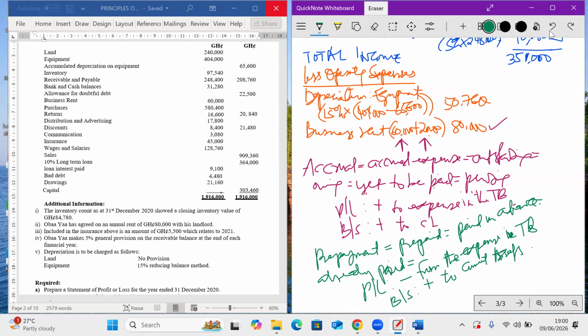Are we good? Yes, sir. Prepayment, prepaid, paid in advance, already paid. P&L, subtract from the expense in trial balance. Balance sheet, add to current assets. Are we good?